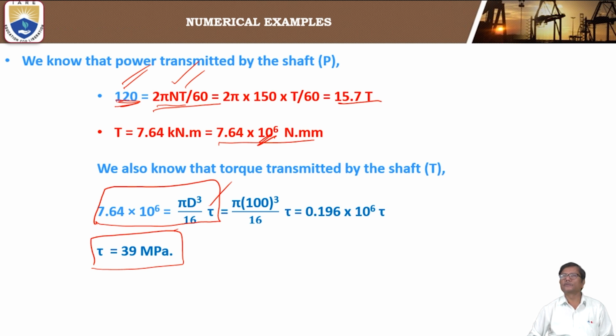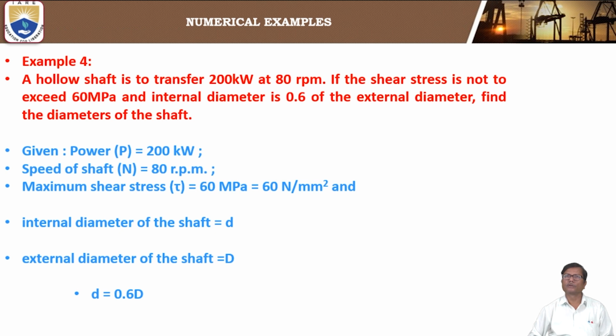Now, one more example. Let's see. It reads like this: a hollow shaft is to transmit 200 kilowatts at 80 RPM. If the shear stress is not to exceed 60 MPa and internal diameter is 0.6 times that of external diameter, find the diameters of the shaft.